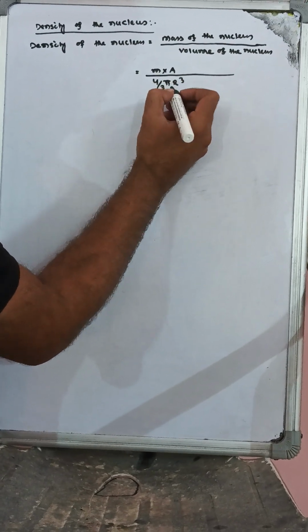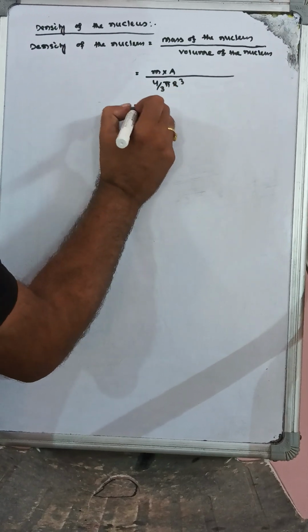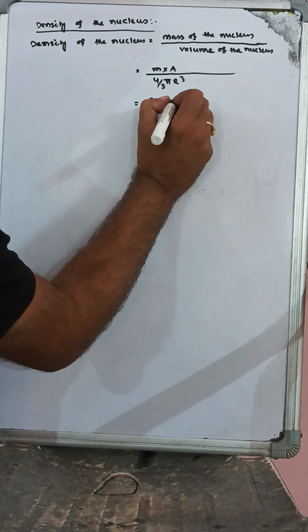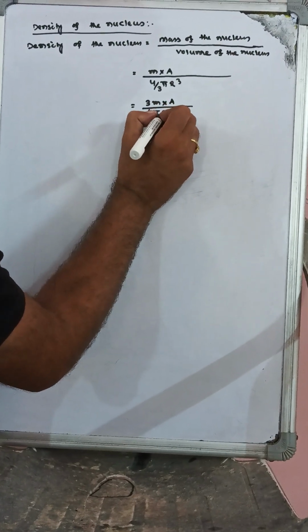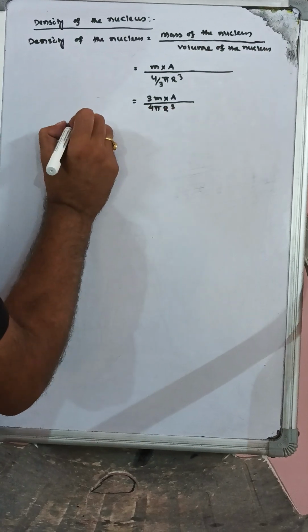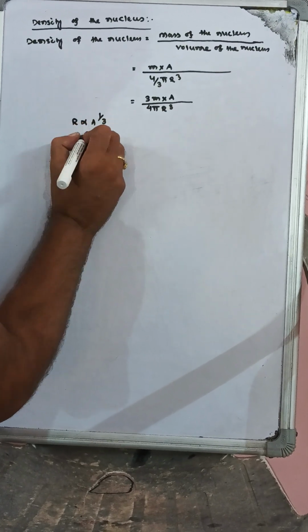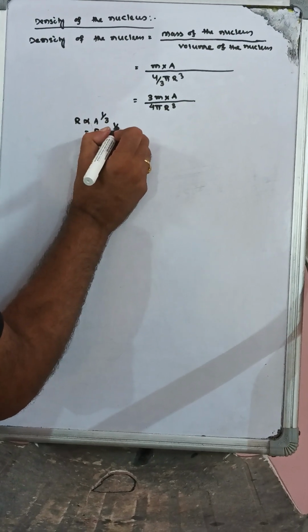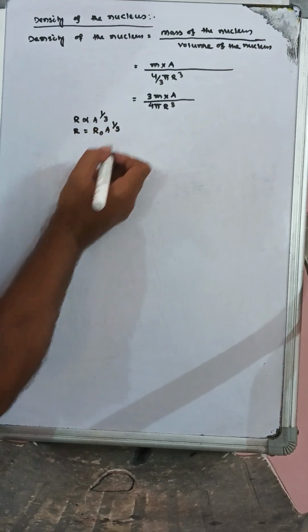4 by 3 pi r cube is the volume of the sphere or volume of the nucleus. Then 3 into m into a divided by 4 pi r cube. Then r is directly proportional to a to the power 1 by 3, R is equal to r0 into a to the power 1 by 3.